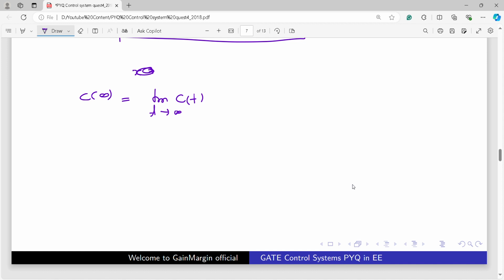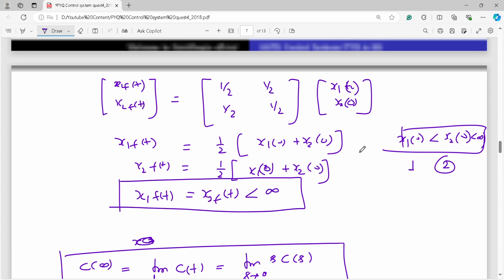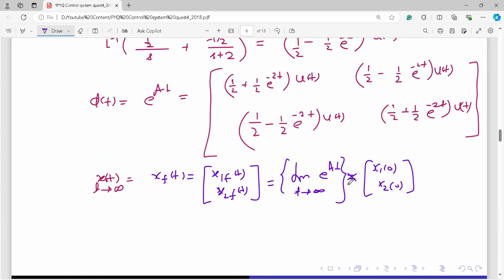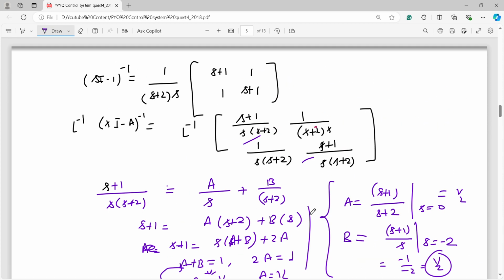So here, if you convert to the s domain in the final value theorem, it is usually s into capital S. Actually my point is that rather than finding this Laplace inverse, straight away we can find it here. How? Let me show. Like (sI minus A) inverse we already found, this one.